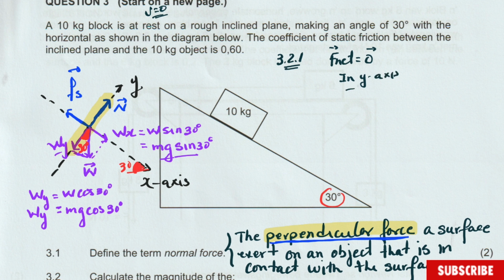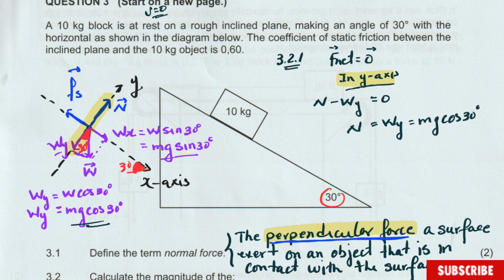Now, know the following: I'm solving this one as a teacher, so I'm explaining everything. You don't have to write everything I write here, guys. You just have to do the substitutions and so on. So here in the y-axis, we have the normal minus weight in the y-axis is equal to 0. If you rearrange this one, you get that the normal is equal to weight in the y-axis, and if we substitute the formulas here, you get mg multiplied by the cosine of 30 degrees.